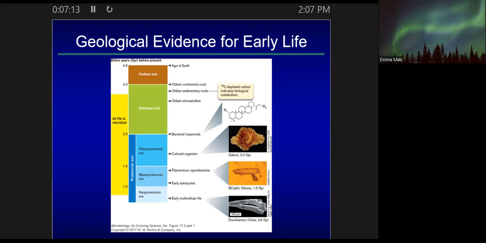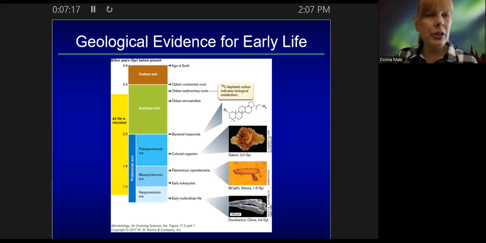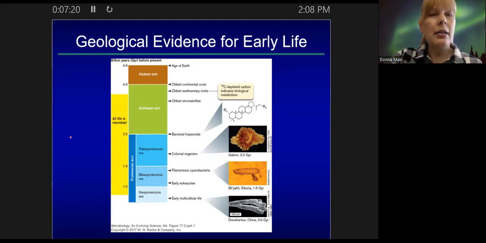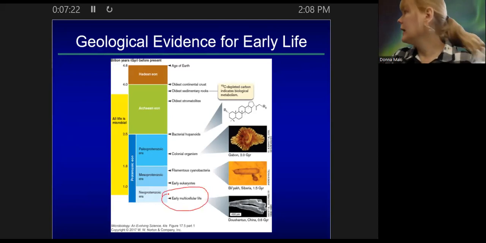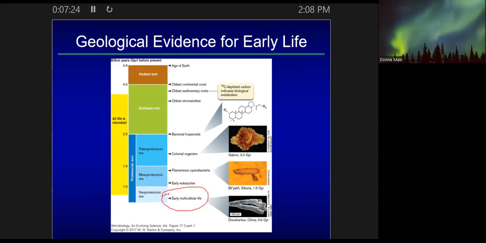On the left here, you see the earliest microbial life, and then it works its way up. You're getting formation, and then I'll talk more about mechanizing when we get into cell structure.